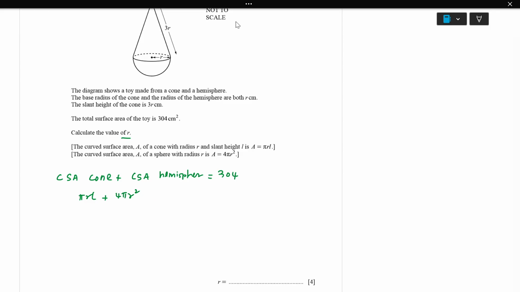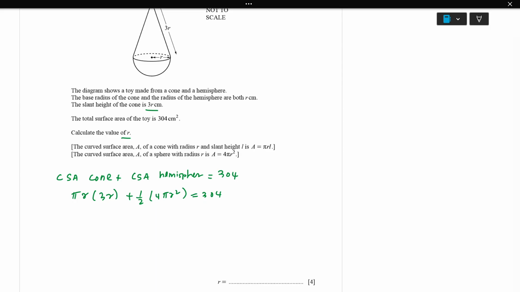So straight away I'll apply the values here. Pi times r is still r only. L is the slanting height, which is given as 3r. So 3r, plus the curved surface area of the hemisphere, which is half of 4 pi r squared.